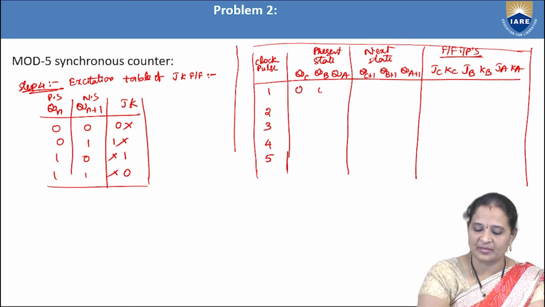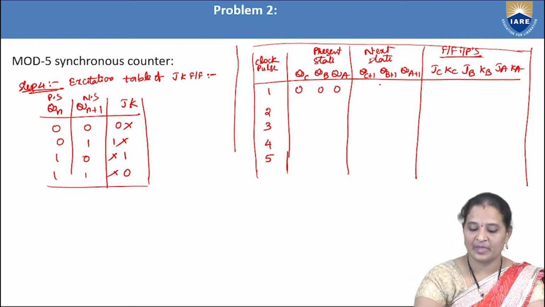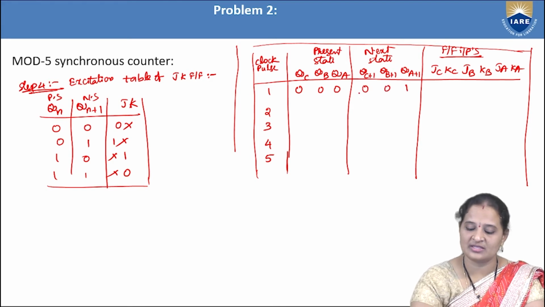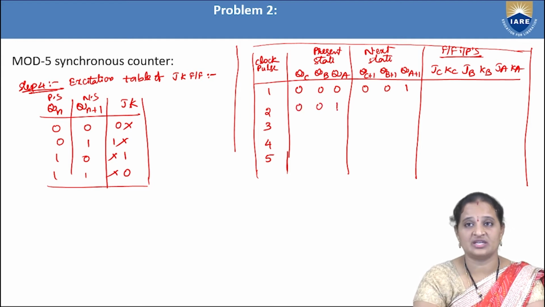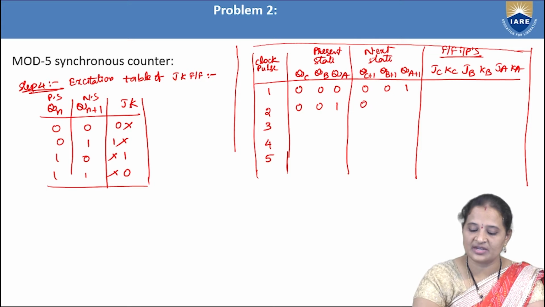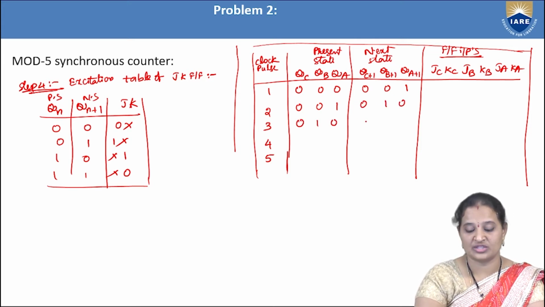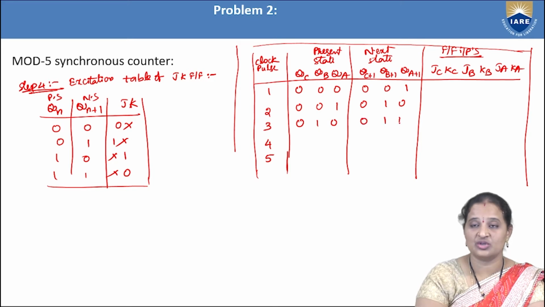Initial state I am considering as 000. What will be the next state if the clock pulse is applied? Next state will be 001 based on the state diagram. If the present state is 001, the next state will be 010. If the present state is 010, next state will be 011.